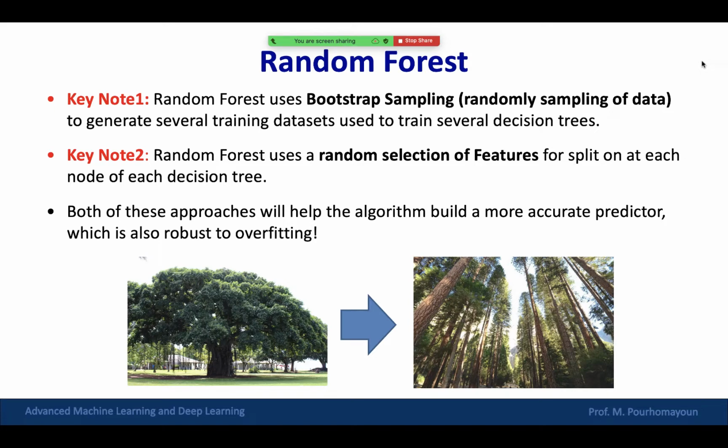So the idea of random forest is to make a group of decision trees rather than one big tree, a group of decision trees as diverse as possible, as different as possible, and make the final decision based on a combination of them rather than one decision tree.